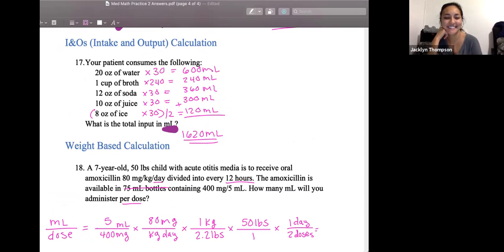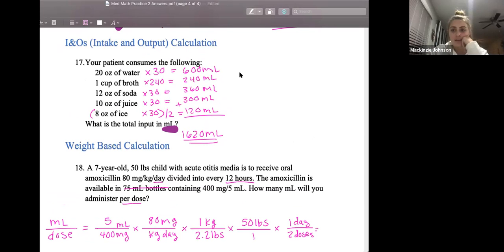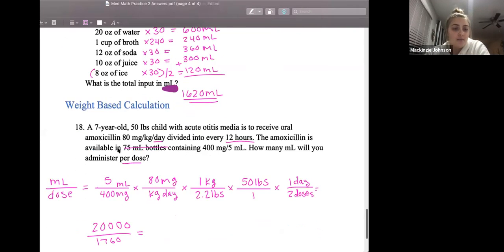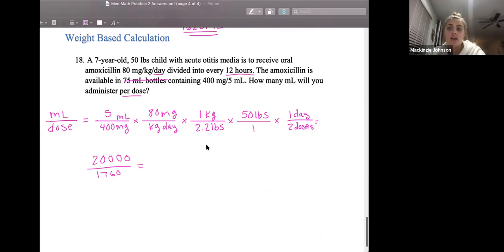Okay, cool. So moving down to weight-based, which we already dabbled into, so this shouldn't be too bad. A 7-year-old, which doesn't matter, 50-pound child, that's important, so we want to keep that.